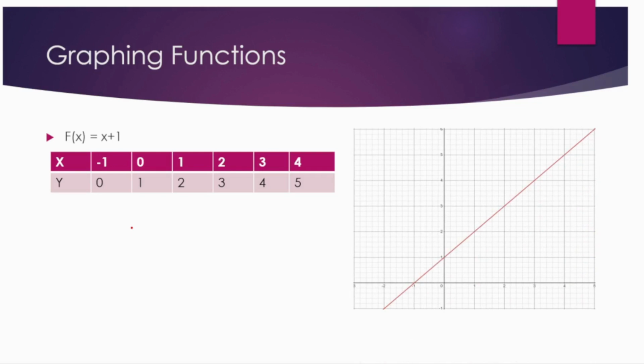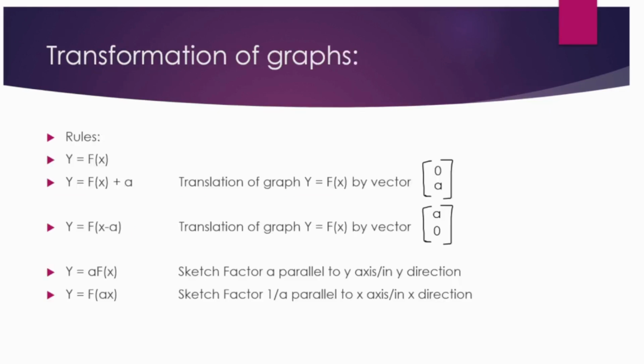Now let's move on to the transformation of graphs. As you can see here, we have transformation of graphs, and we are going to go over the 4 very basic rules. The first rule is this: y is equal to f of x plus a, which basically means what is happening to it, y plus a.